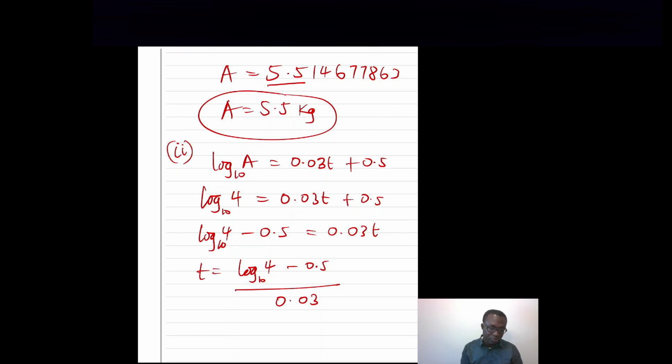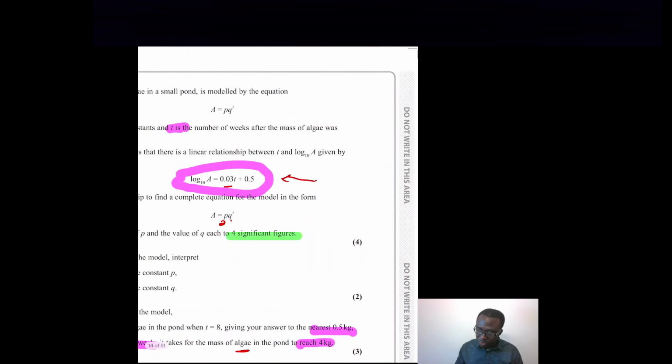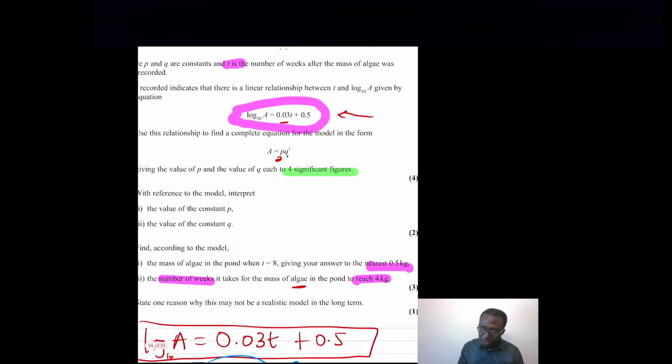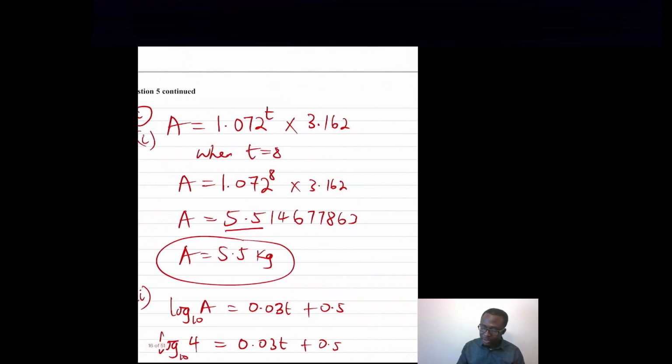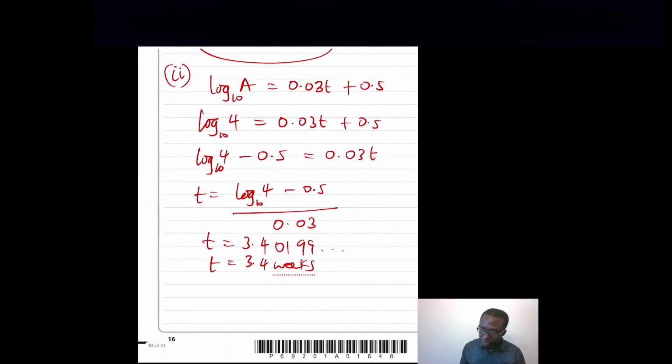If we divide by 0.03, our answer for t will be 3.40199 whatever, which means that our answer is 3.4 weeks. Again, we check what the question wants us to leave. Our answer is the number of weeks, so 3.4 weeks is the answer, and we can leave it like that.